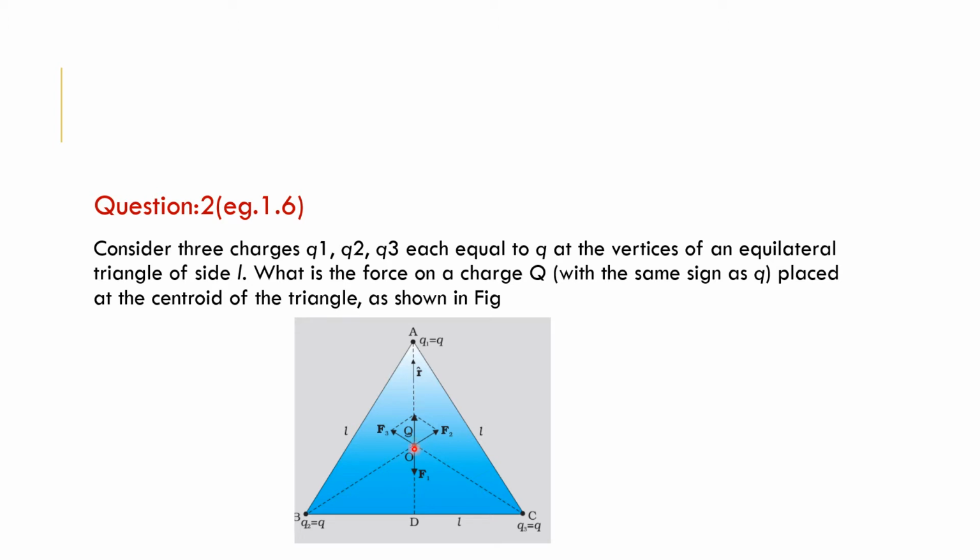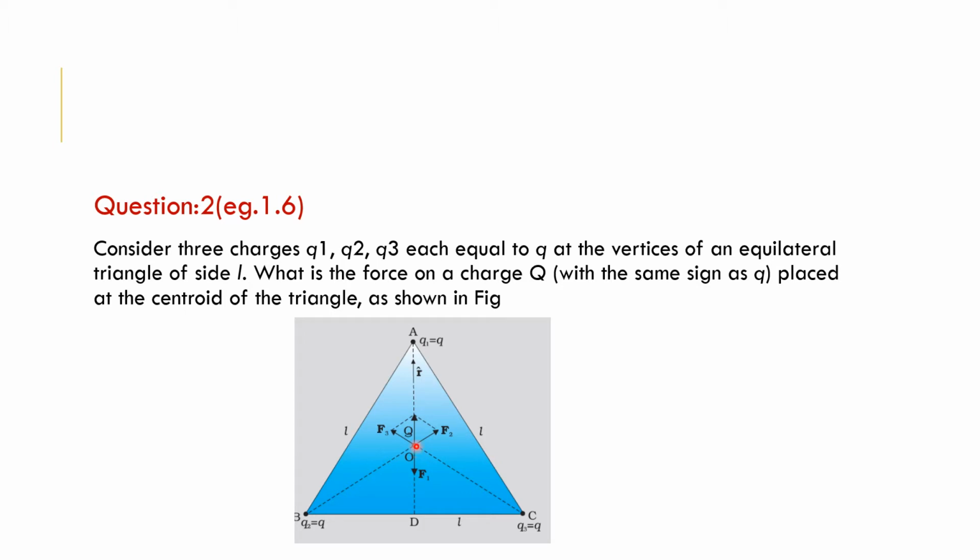So let us consider the force on charge Q, that is at the centroid, due to first q1, due to A. What will be the direction? The force on charge Q due to q1 will be repulsive, so away from the charge. So this is the direction of F1, away from this, repulsive.